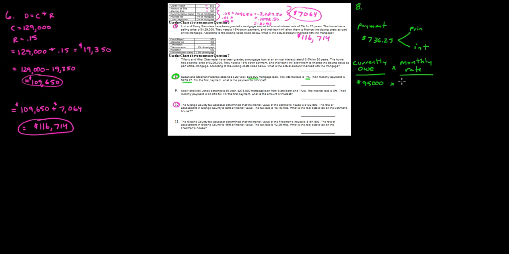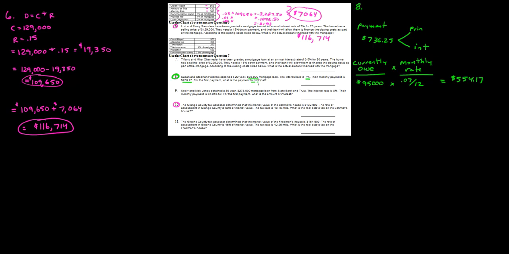So the monthly rate is 0.07 divided by 12, remember, because 7% is the APR. We want the monthly rate. So we go 0.07 divided by 12. We will multiply that times 95,000. And that tells us that the amount that we pay in interest is $554.17. But that's not actually the question.